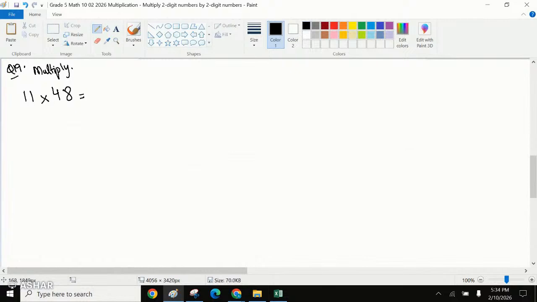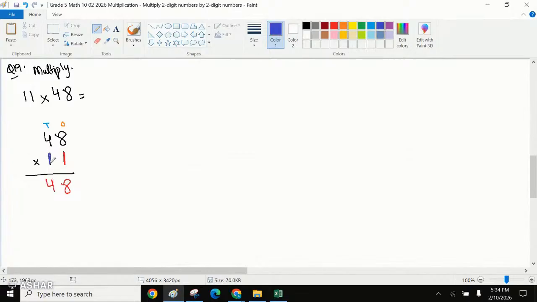That means we can write either numbers. So we can write 48 multiplied by 11. Same thing. We have the ones. We have the tens. 1 multiplied by 8 would be, when 1 is multiplied by 8, we get an 8. 1 multiplied by 4, we get a 4.